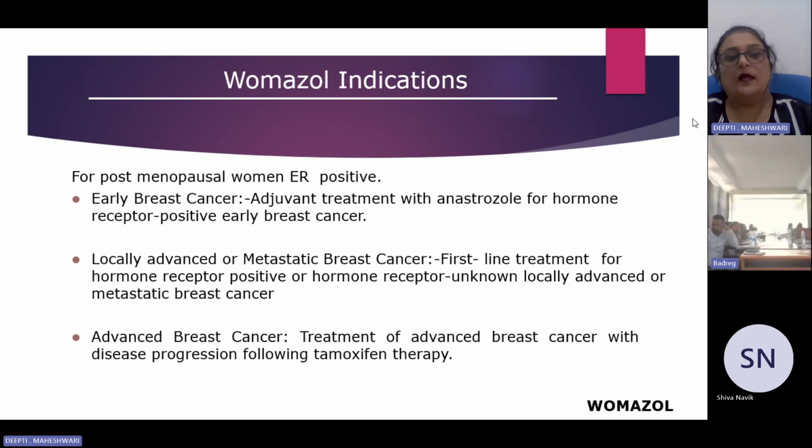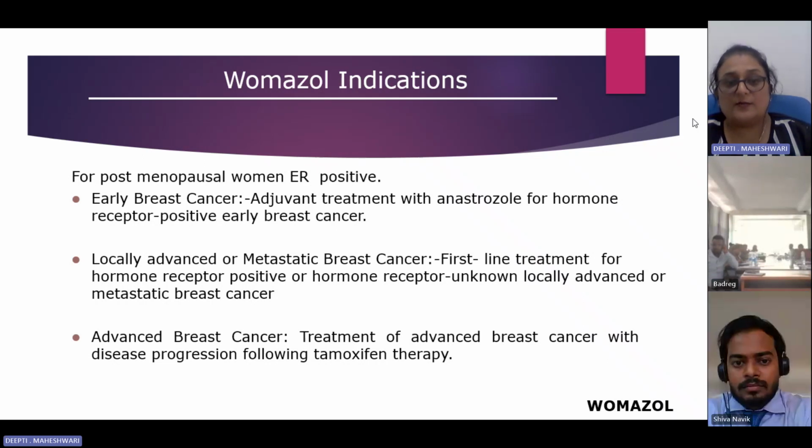Like letrozole, anastrozole can be given as first line treatment for hormone receptor positive cases and also for hormone receptor unknown cases. That means you don't know which receptors are actually the cause of breast cancer. So there also anastrozole is approved. It is also approved for advanced breast cancer, that means the disease has spread to the nearby tissues, and for treatment of advanced breast cancer with disease progression following tamoxifen therapy.